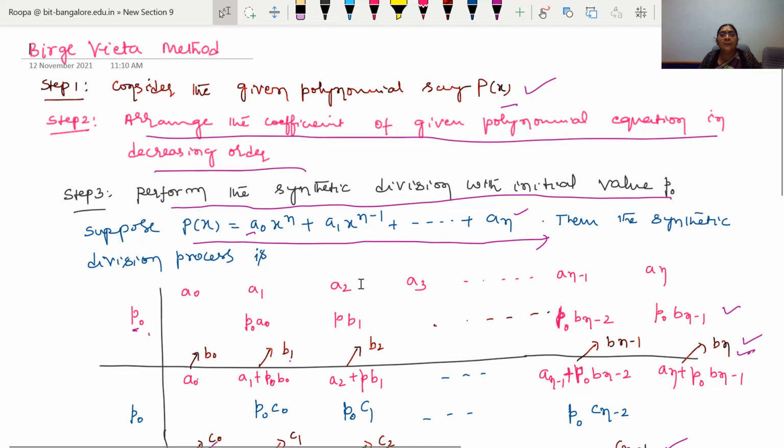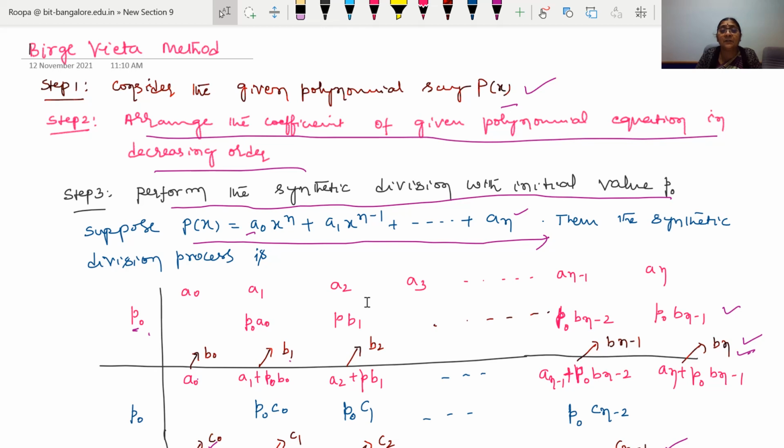Another point we have to observe in the Birge-Vieta method: suppose they give a polynomial but not an initial approximation. If you want to go for this method, you must have one initial approximation. Suppose they're not providing it, first take the given polynomial and find the interval, similar to the bisection method.